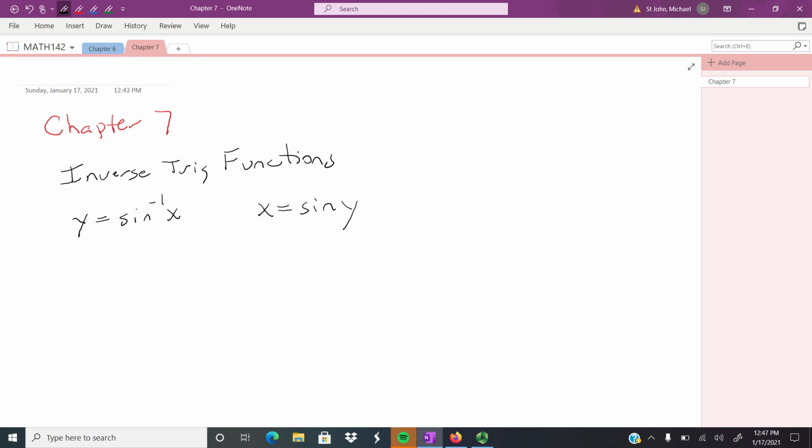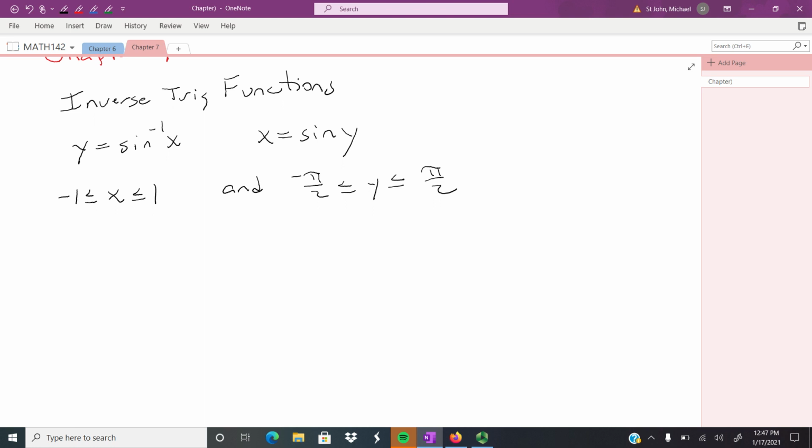Right? And so here the values are going to be from -1 to +1, and my angle is from -π/2 to π/2. So that is my sine function.